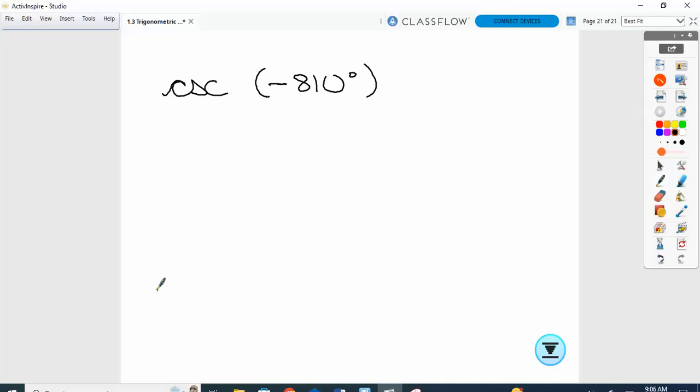What would I need to do with this? Right, we need that coterminal. We want something between 0 and 360. So if I take negative 810 plus 360, it's still negative, so I have to add 360 again. Still negative, add 360 again.